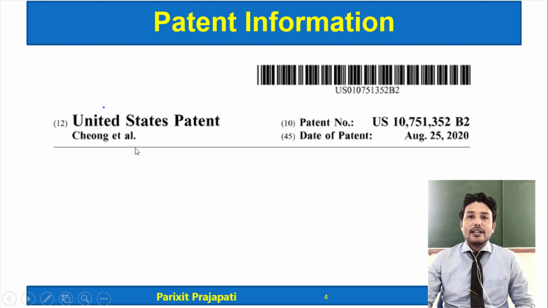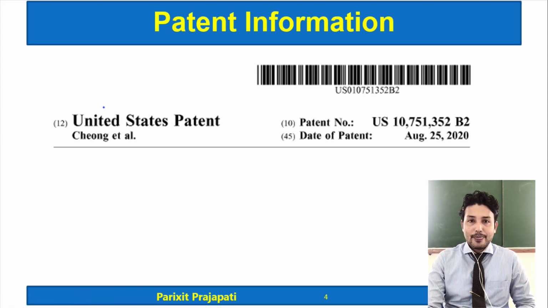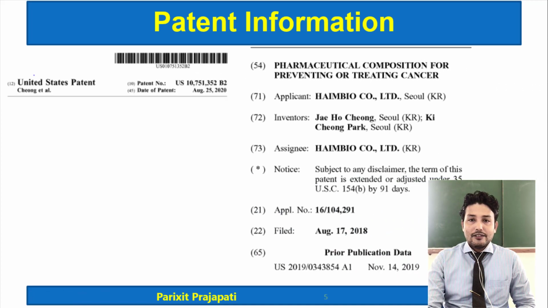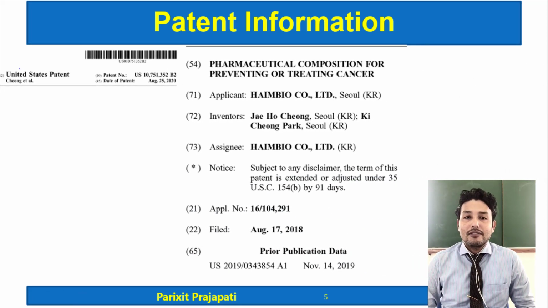So, this kind of information is available on the first page. As it says United States patent, that means this patent was filed and granted by the United States Patent Office, that is USPTO. Which other information is available? Title of the invention. See, pharmaceutical composition for preventing or treating cancer.